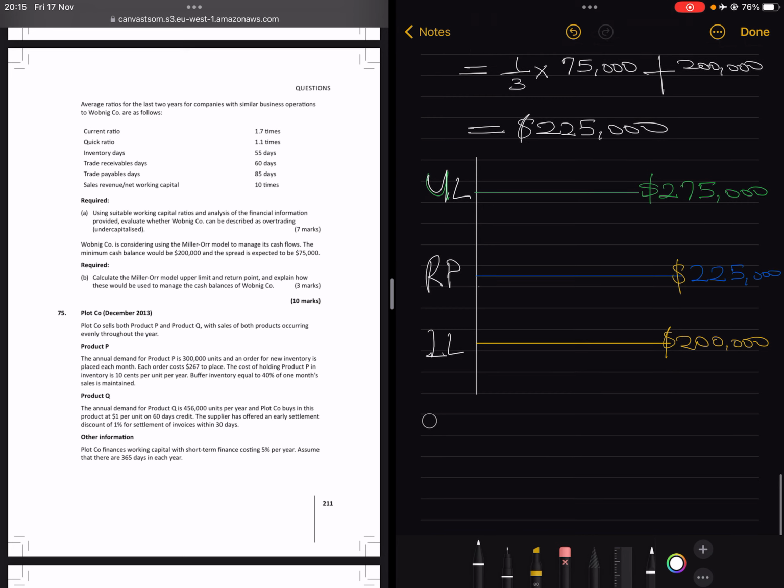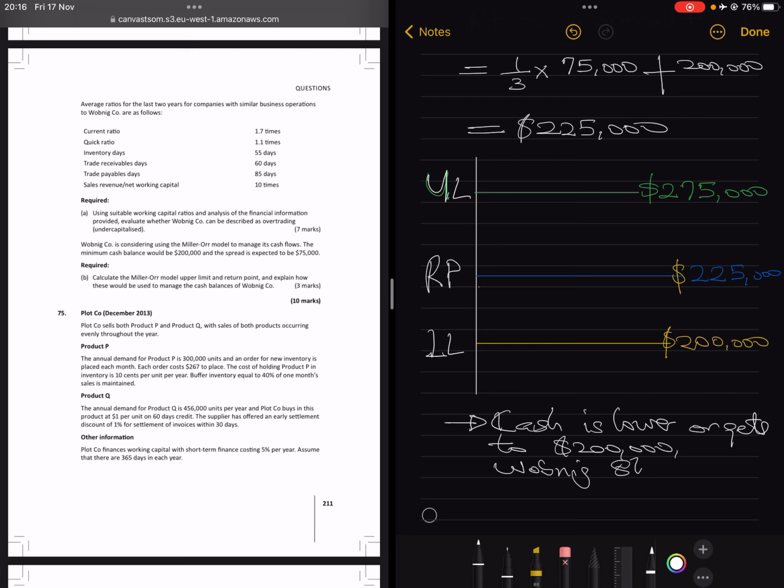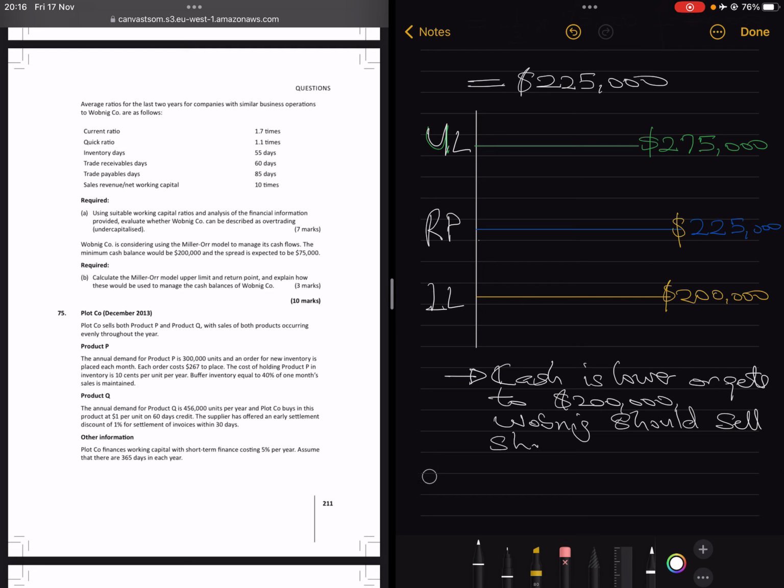Right. Now, how do we interpret this? The interpretation is that when cash is lower or gets to 200,000, Wobning should sell or divest short-term investments.